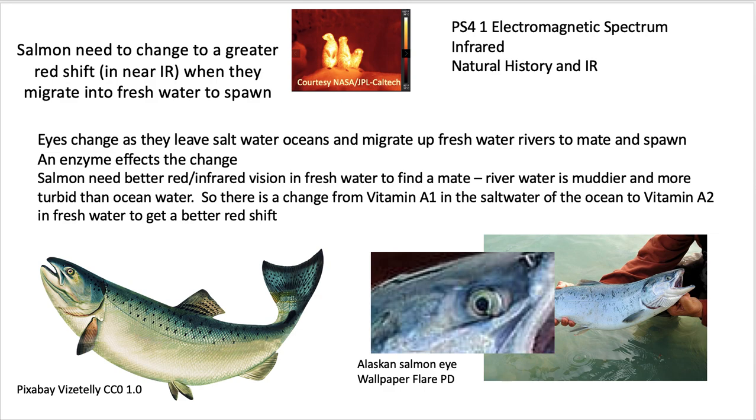And a little more information about salmon and indeed their eyes. So salmon leave salt water and migrate up freshwater rivers to spawn, and in muddy river water, which is more turbid, they need better red infrared vision to be able to see.